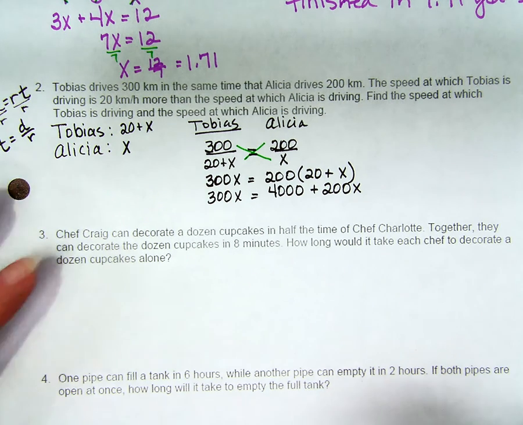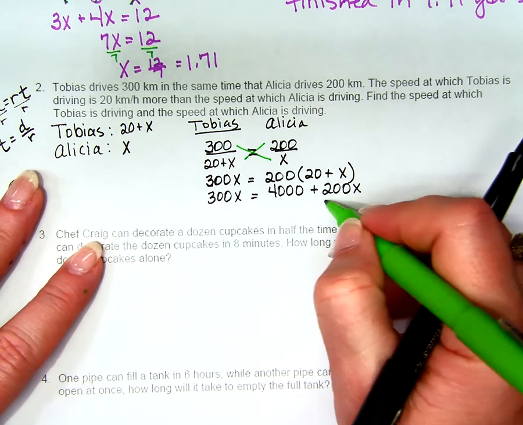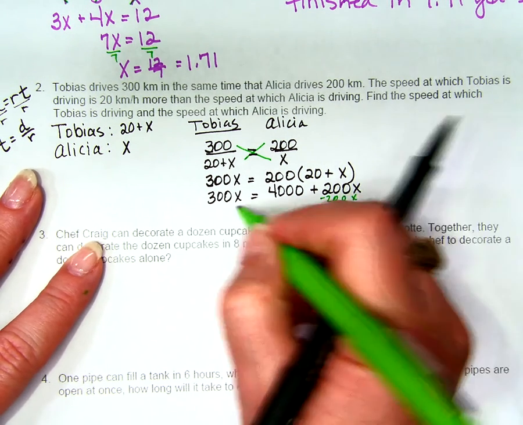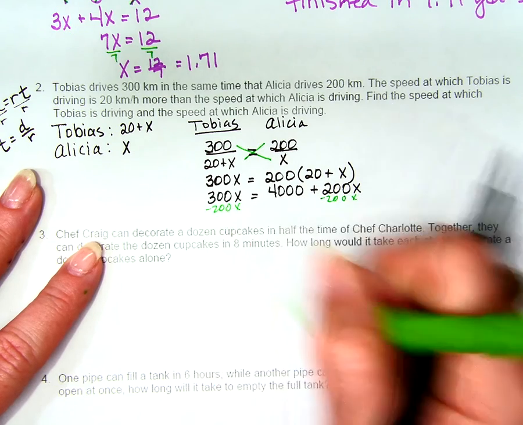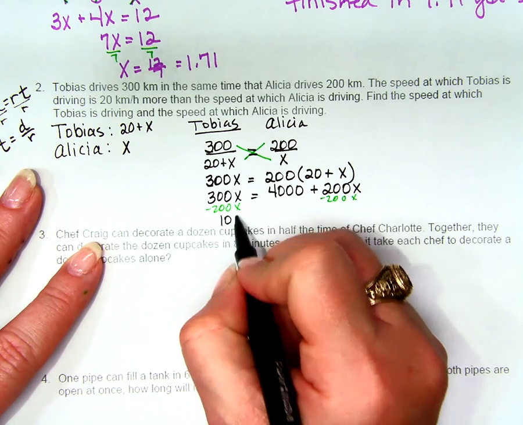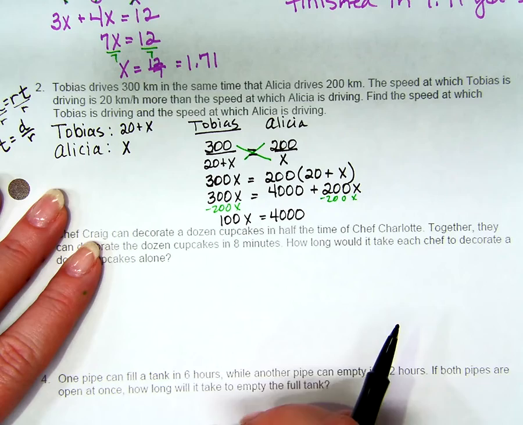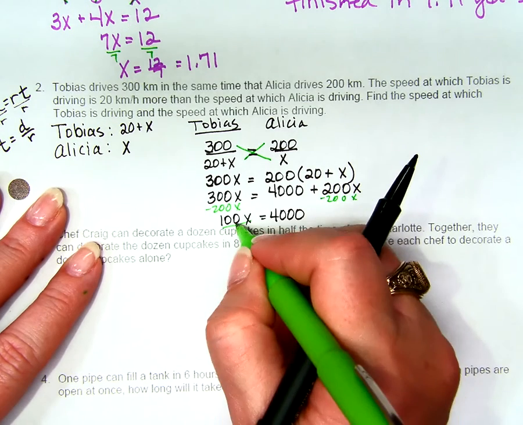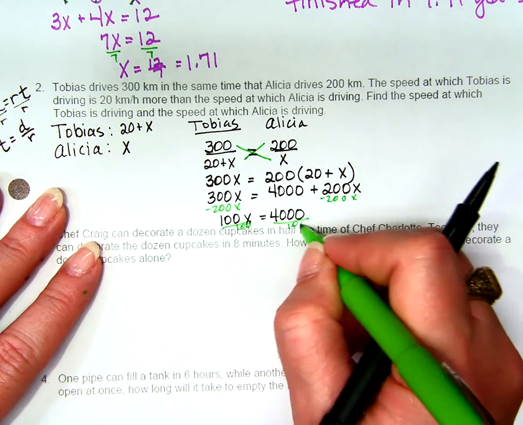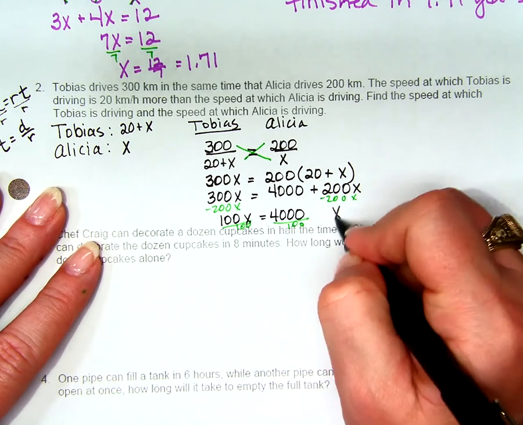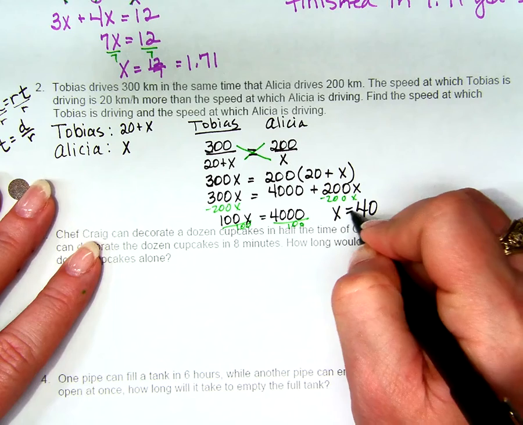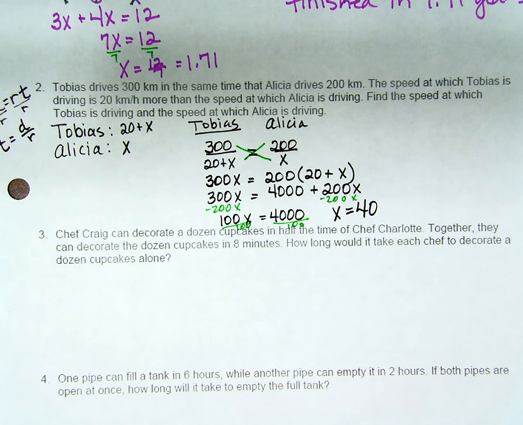How do I solve from here? Subtract 200x from both sides. So 100x equals 4,000. Divide both sides by 100. X equals 40. I have solved the equation.